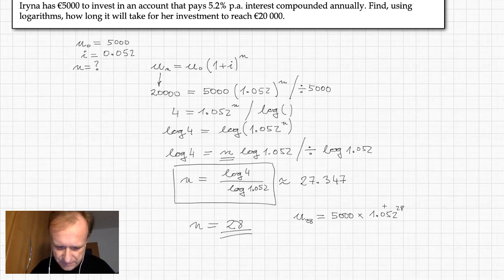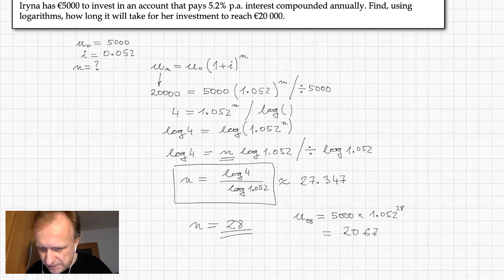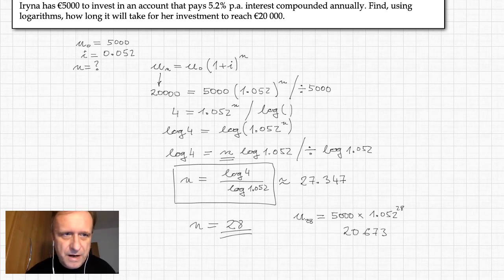So it's 5,000 times 1.052 to the power of 28. Okay, and the answer is about 20,000. So she gets after that time 20,673 euros approximately. Okay, so this is the meaning of our answer.